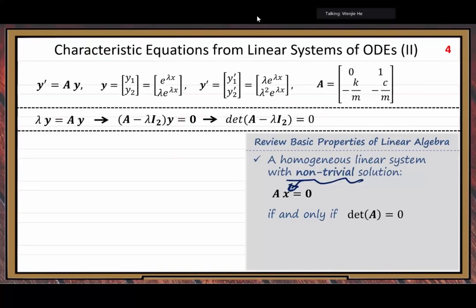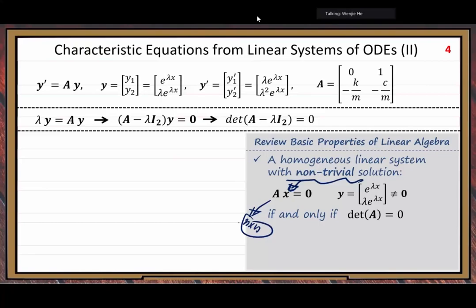It's not necessarily 2 by 2. So this is a general result, and it also works for any dimension n.